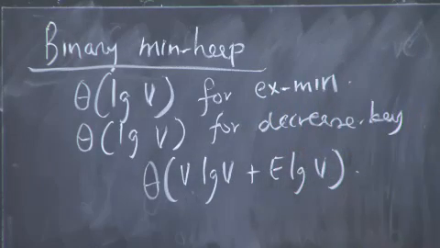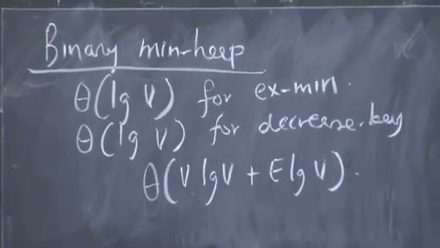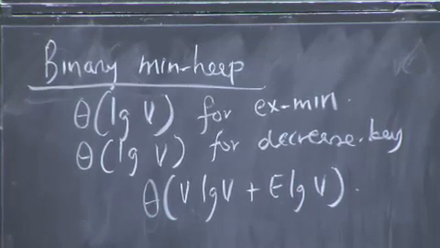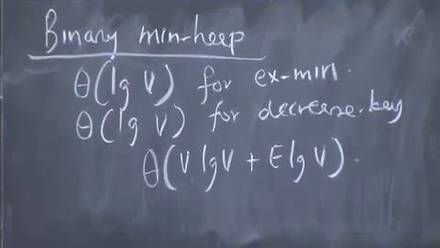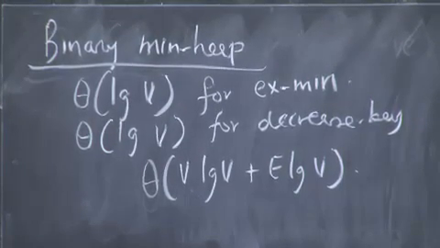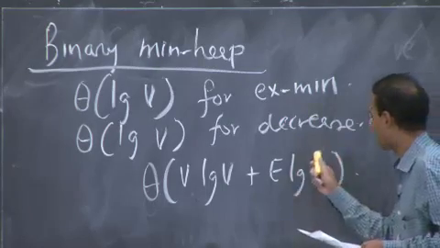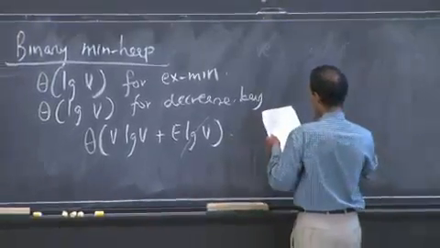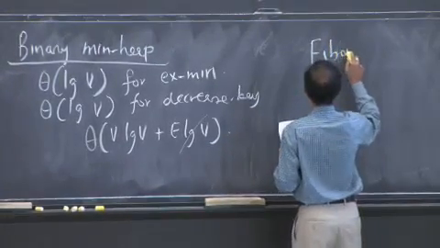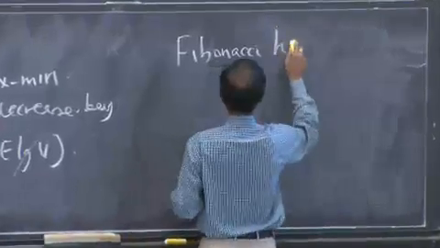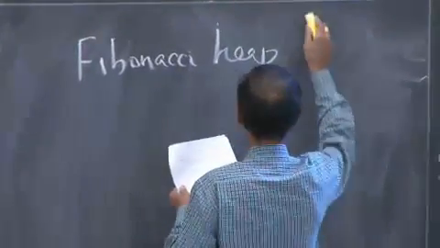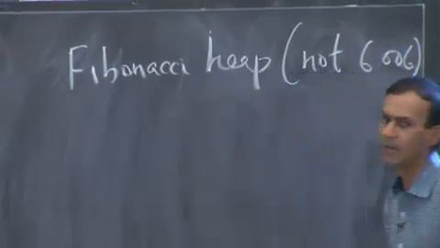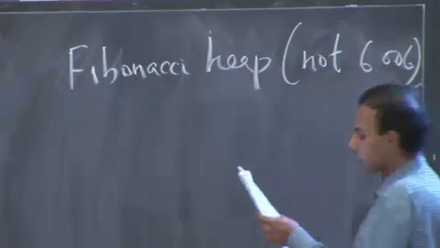And this is not quite the complexity that I put up, as some of you may remember, last time. This is not the optimum complexity of Dijkstra. You can actually improve on this by using a data structure that we won't talk about in 006, but you can read about. It's not 6006 level material. You're not responsible for this in 006, but it's called a Fibonacci heap. And you might learn about it in 6046.